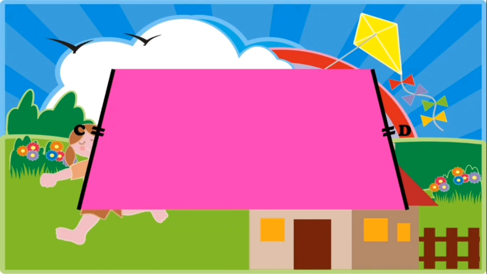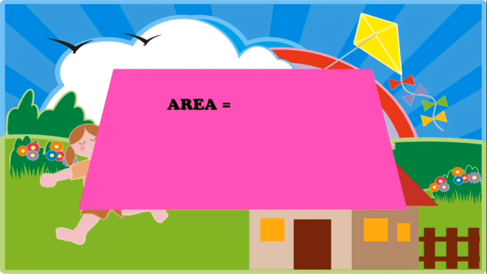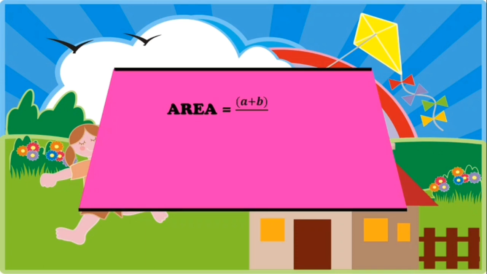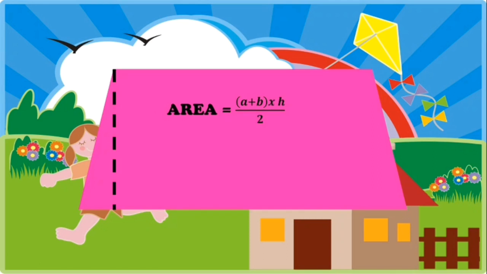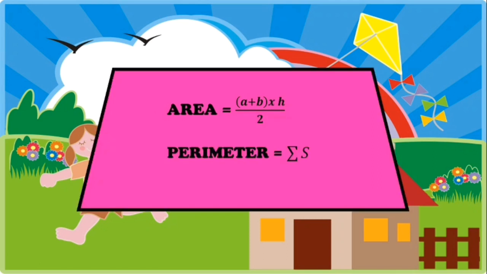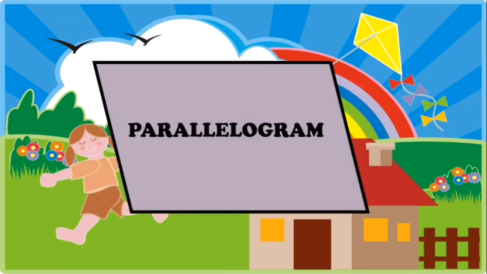The non-parallel sides of a trapezoid are called the legs of the trapezoid. The area of a trapezoid is A plus B times height divided by 2, and the perimeter of a trapezoid is the sum of all sides of the trapezoid.